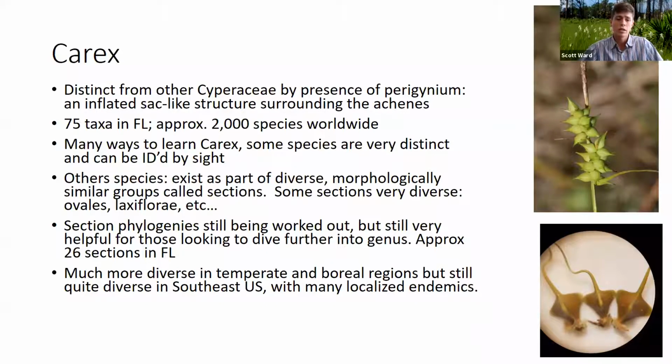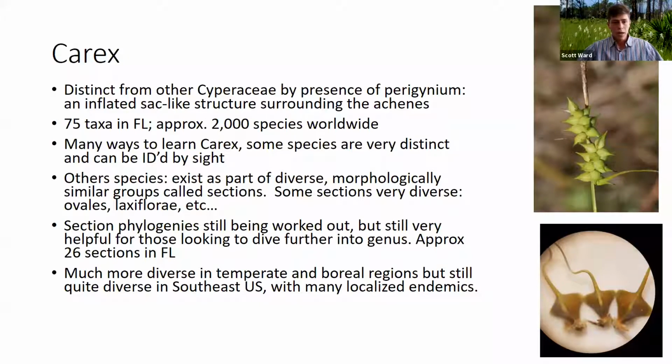There's many ways to learn this genus, but some species are even so distinct that you can look at it and say, okay, I'm pretty sure, based upon where I'm at, I'm pretty confident I know what that species is because nothing else looks like that. Whereas other species exist as part of these really diverse, morphologically similar groups that we call sections. Some sections are even really diverse too, like the notorious ovalis group, for instance.